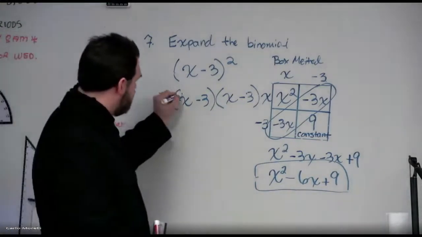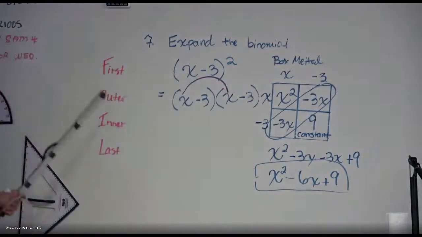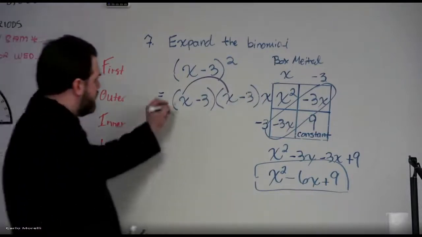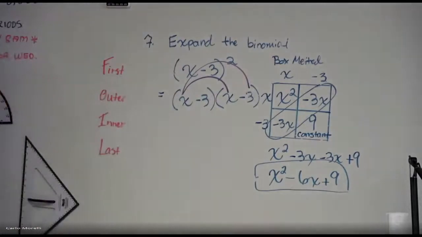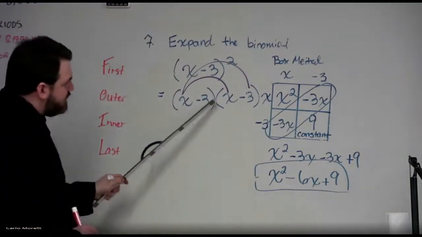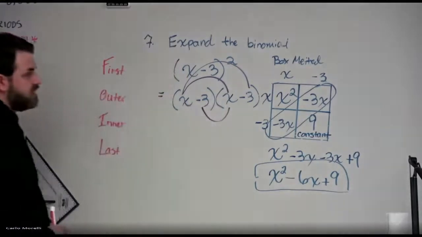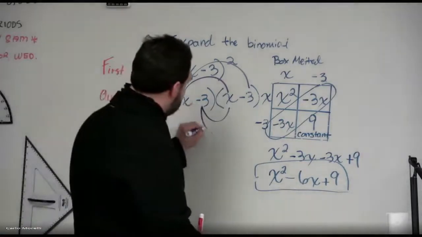So draw a line like this. O means outer, so that's x and -3. Okay, so I draw this. And then it's inner, -3 times x, so I draw this. And then it's last, -3 times -3, so we draw this.